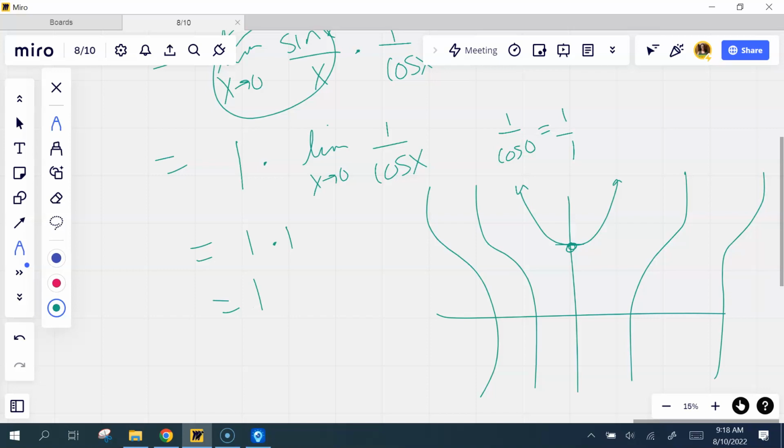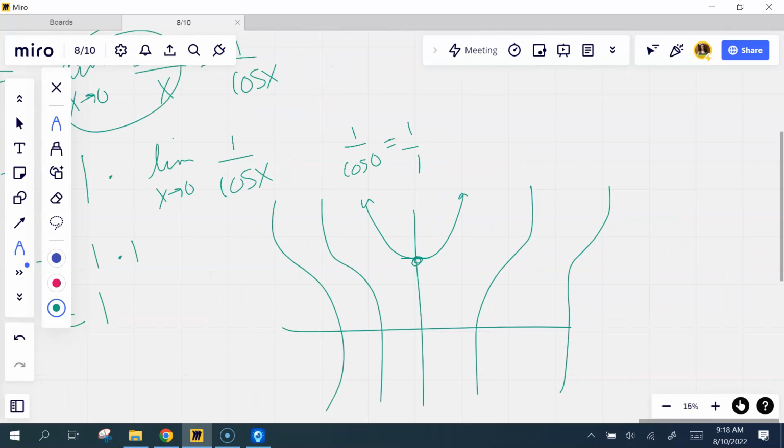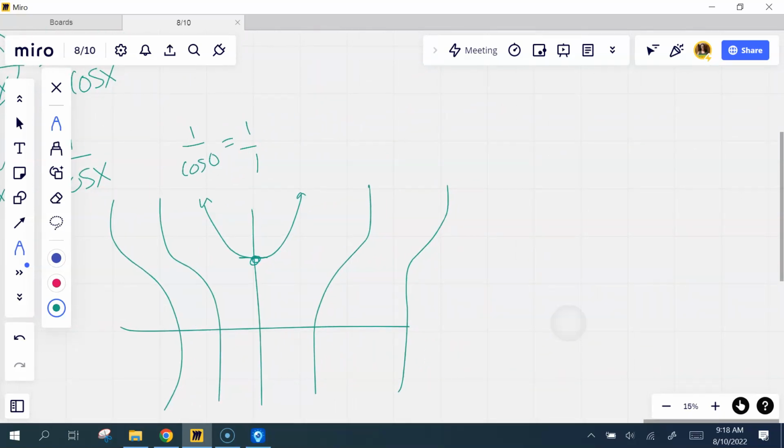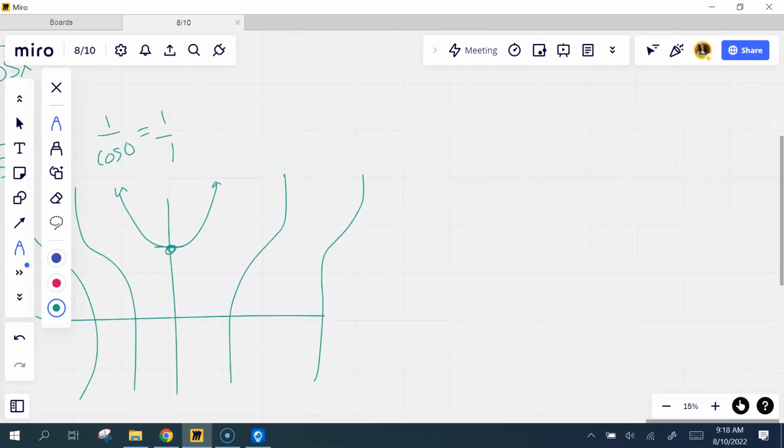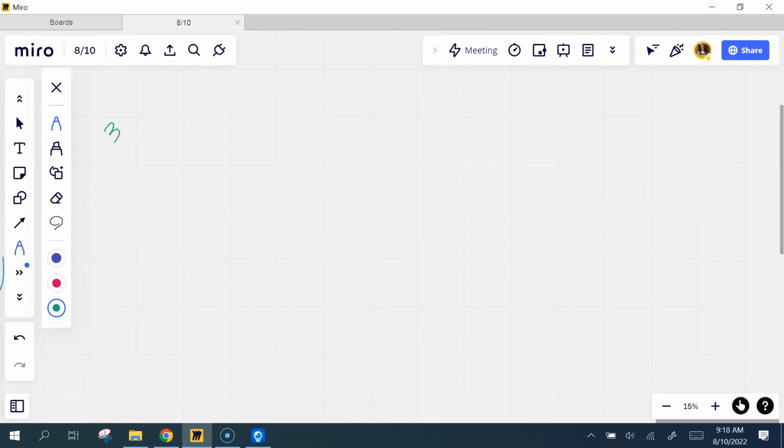Let's try one. Yep. Just remember, it's 1. This is number 30 from your homework. You're going to really have to think about this. You might need, this is a little hint, a special sheet I gave you.